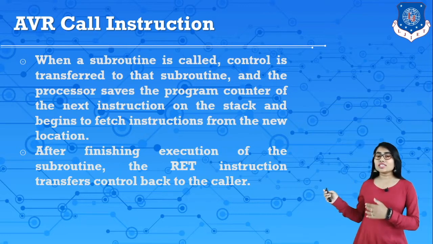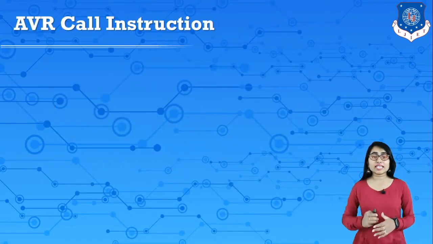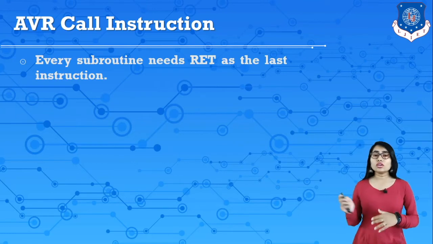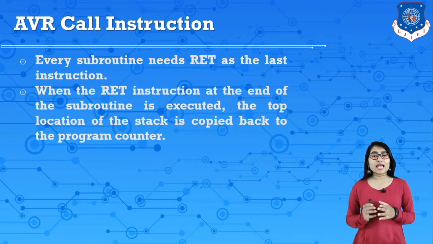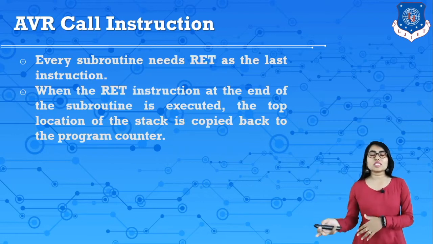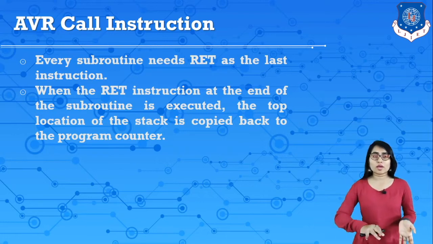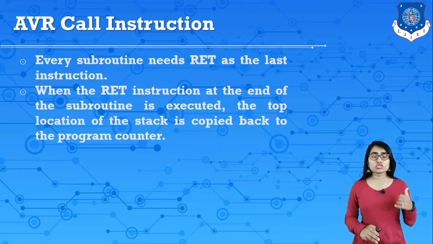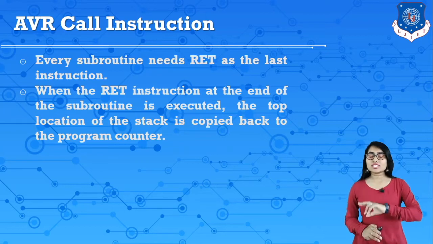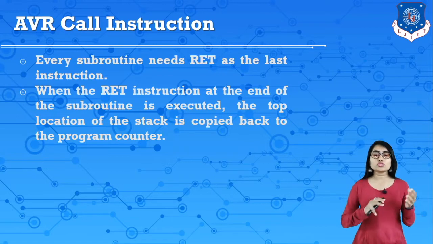Whenever this return instruction, at the end of the subroutine, is executed, whatever content is stored on the stack goes back into the program counter, because whenever we use the call instruction, the content of the program counter is stored on the stack. So when we want to go back to the main program, we use this RET instruction.